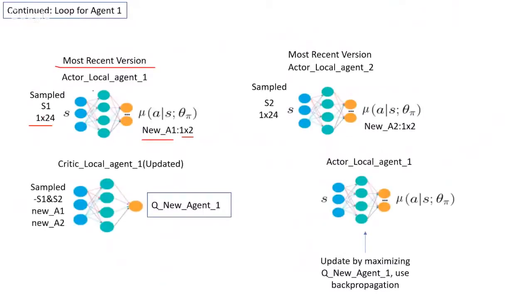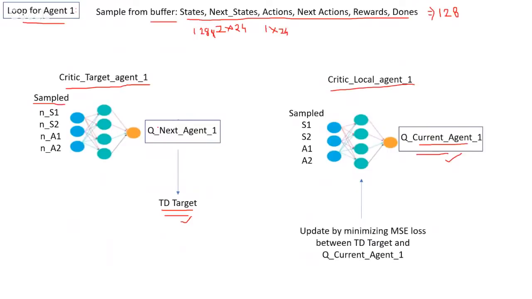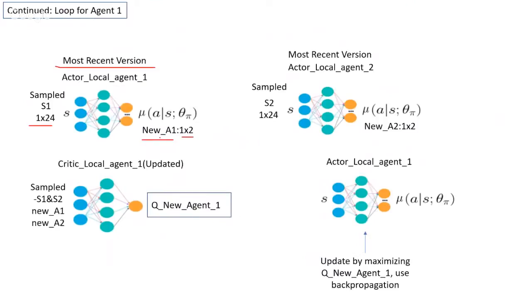I input it again to the actor local network of agent 1, and I get a new action. So I'm not using the sampled action here. I'm generating a new action here.